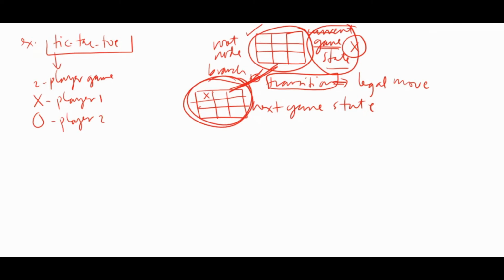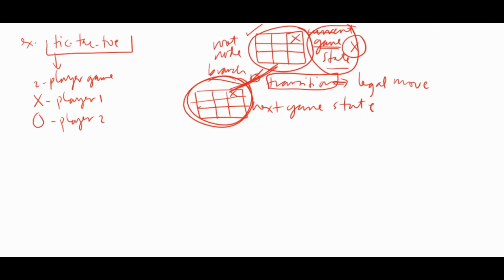But if the X player puts his mark on this square, the next game state would be this one, right? And if the X player chooses to put the mark here, then the next game state is this one.